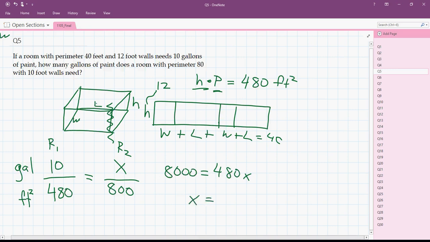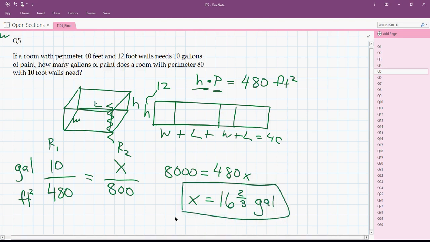And we would get that x equals, let's see, so since you are allowed to use a calculator in this class, just plug that into your calculator, and you get that the second room needs 16 2/3 gallons to cover its surface.